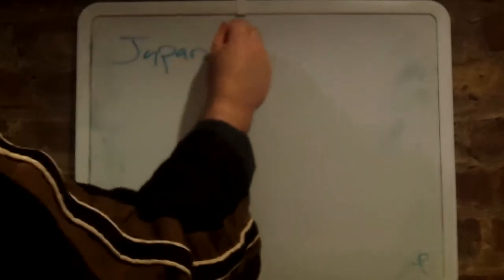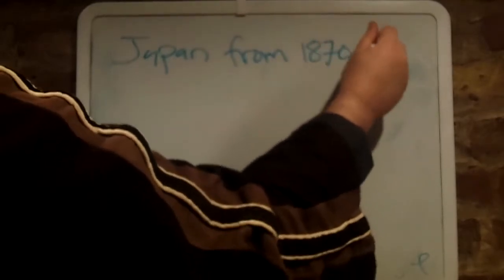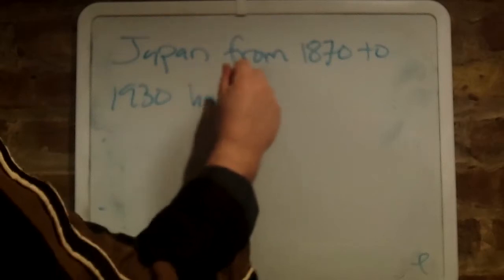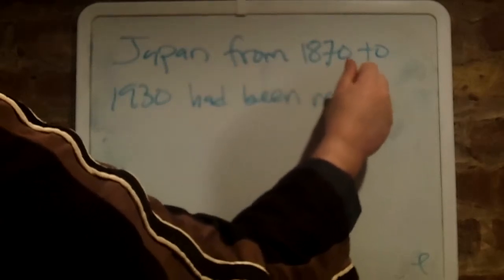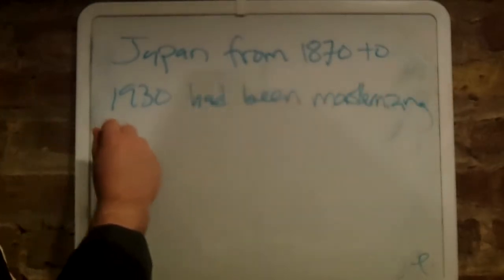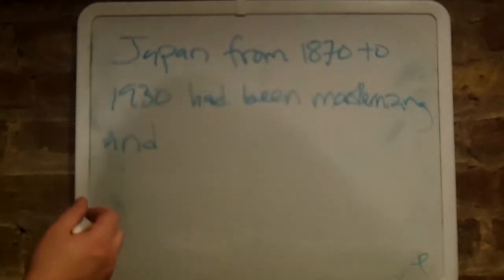We have to turn once again to the Far East. So over in Asia, Japan, from about 1870 to 1930, had been modernizing technology-wise and colonizing it and conquering its neighbors, particularly like Korea, parts of China, and so on.